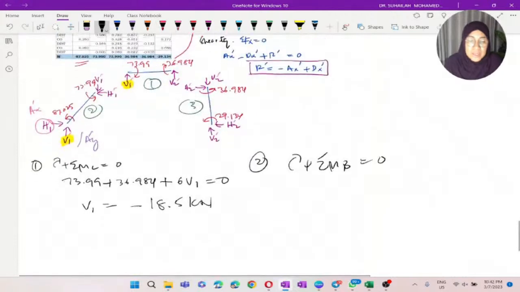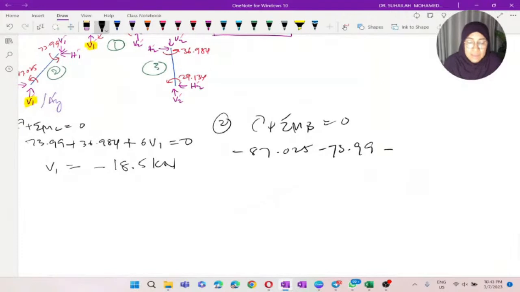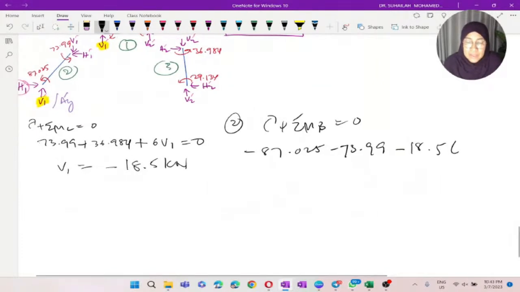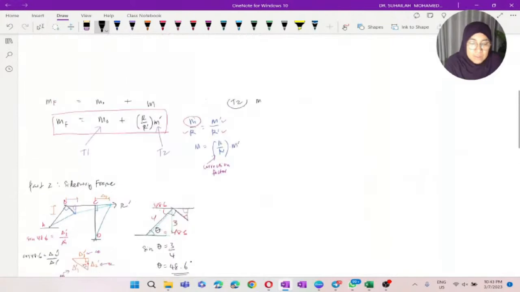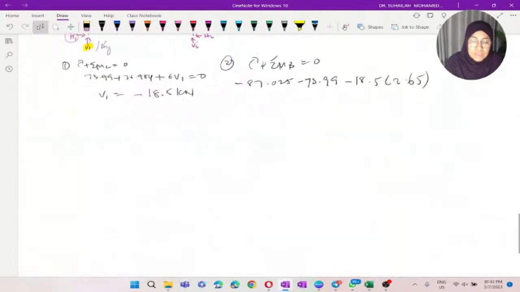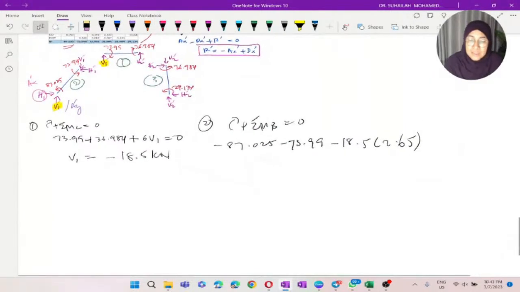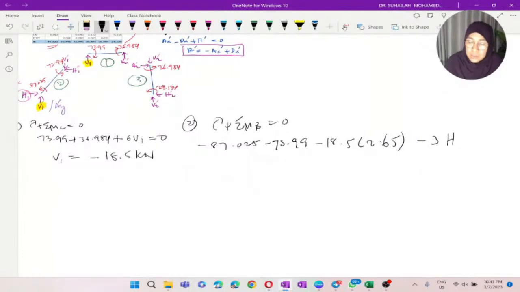So it is negative 87.025 minus 73.99 minus V1, which is minus 18.5 times the distance 2.65 from the triangular, and we minus another one, minus 3 H1.